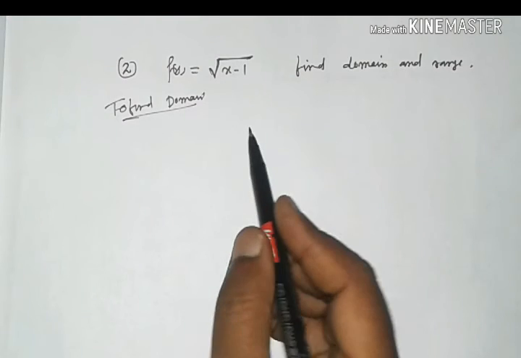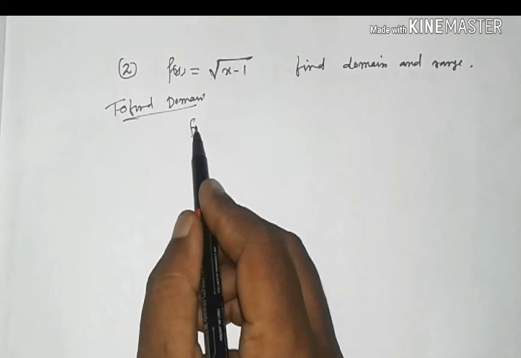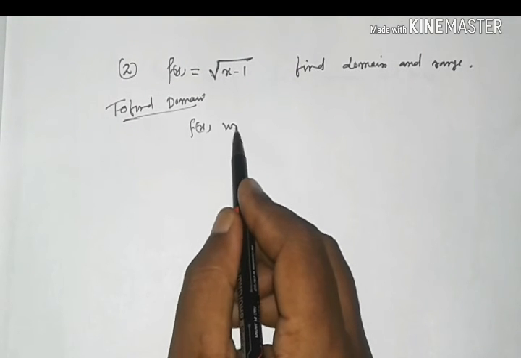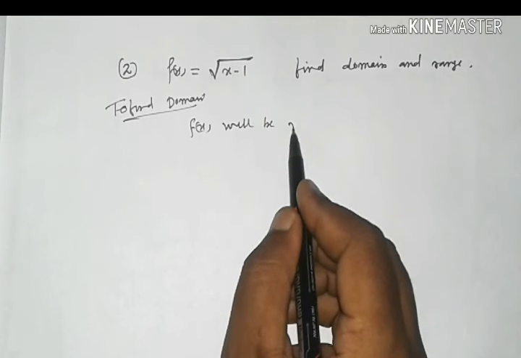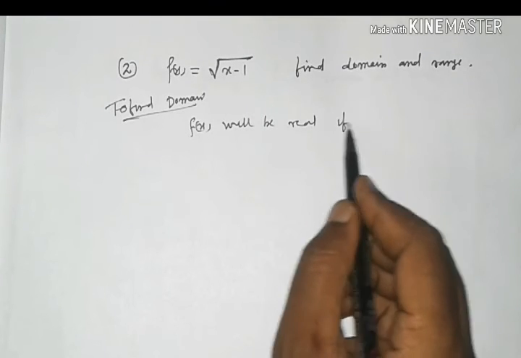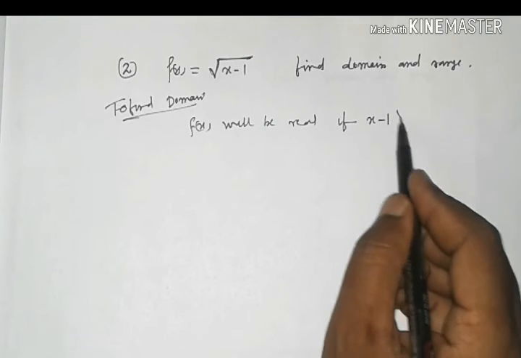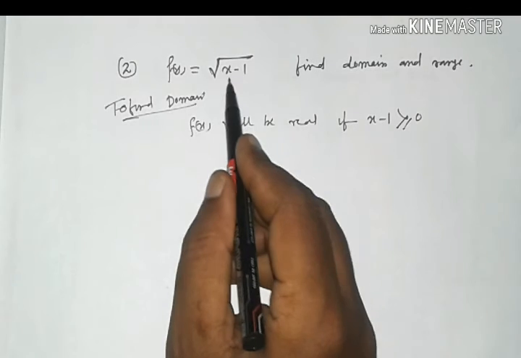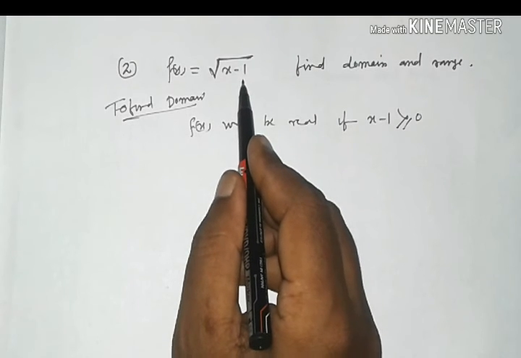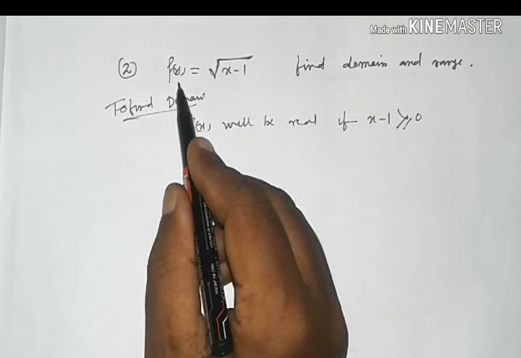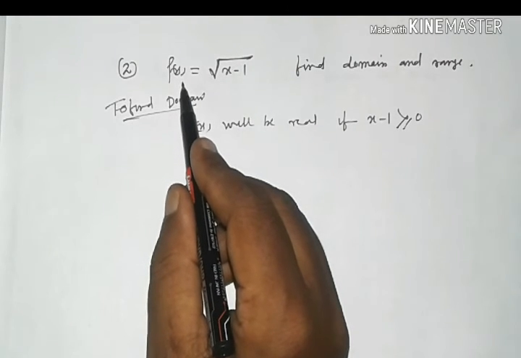So we can write f(x) will be real if x - 1 is greater than or equal to 0. Because if x - 1 is less than 0, then f(x) is not a real number, it will be an imaginary number.